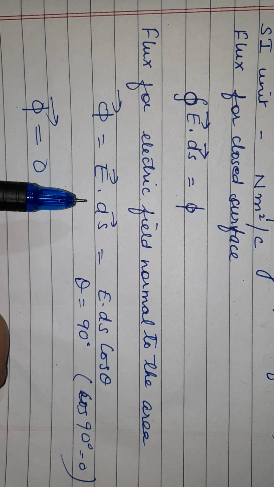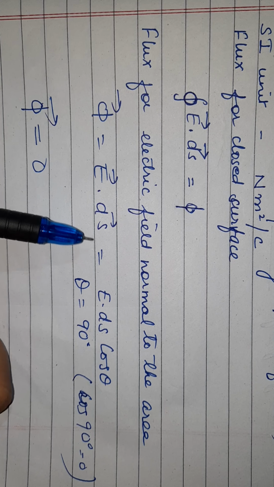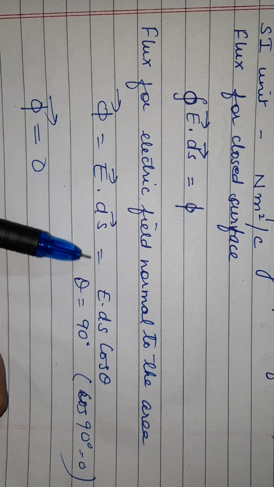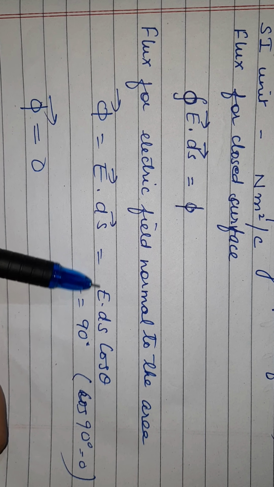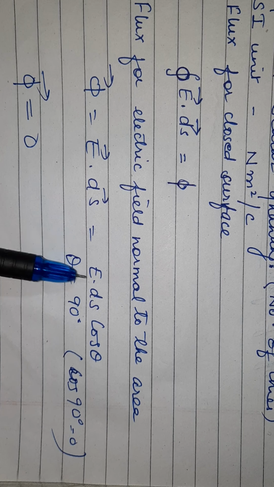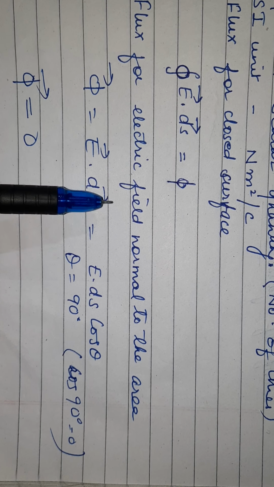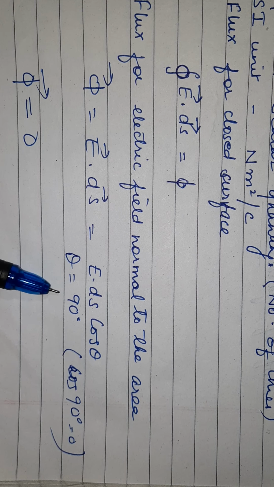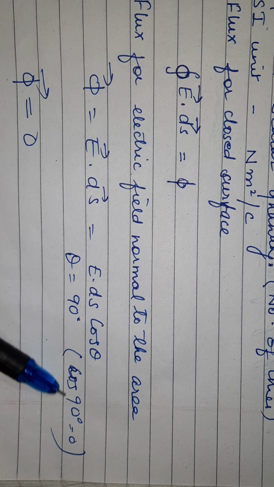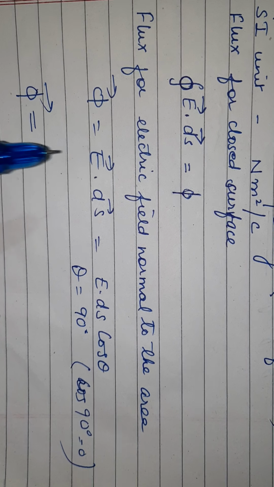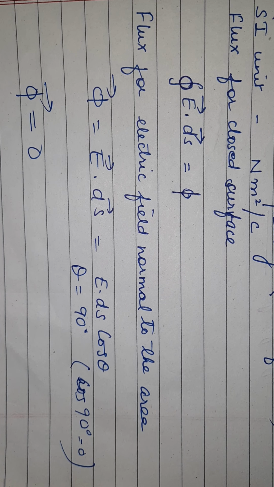So phi is equal to E dot ds, writing it in component form, E ds cos theta. If the electric field is normal to the area, then theta will be equal to 90 degrees and cos 90 is 0. So flux for electric field normal to the area is 0.